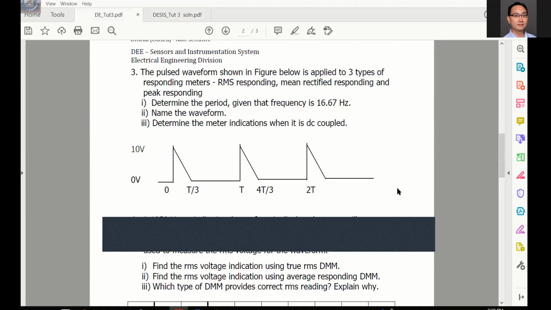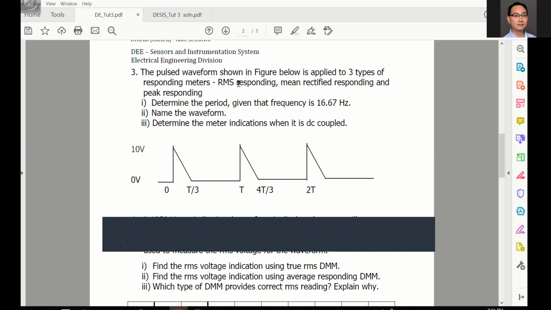Question number 3. Okay, you read the question first. So you got a pulse waveform, and you are trying to measure this using 3 types of meters.